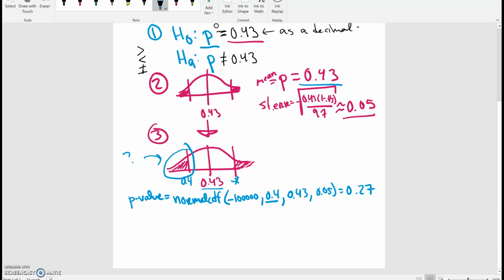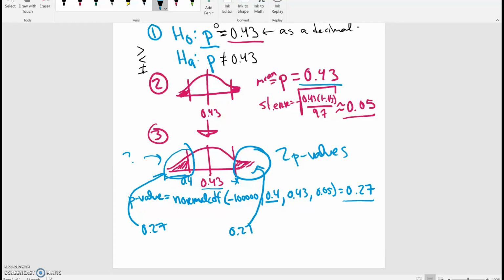If this was a one-sided test, if it was just this one that I wanted, then I would be done. This would be the end in p-value. But notice that we also have another p-value. We have 2 p-values here, right? Well, because of symmetry, if this part is 0.27, that means this part is also 0.27. So we have 2 of them. So we're going to add them together, right? 0.27 plus 0.27 is going to be 0.54.